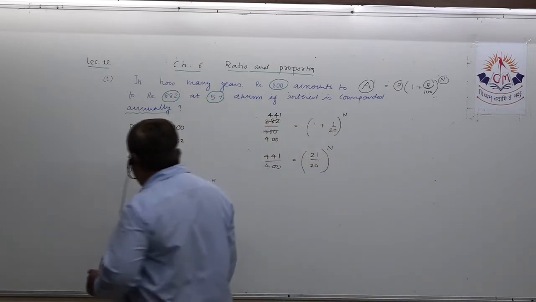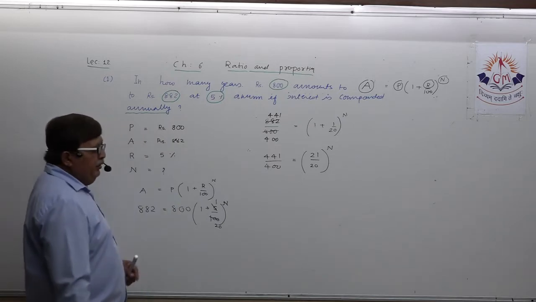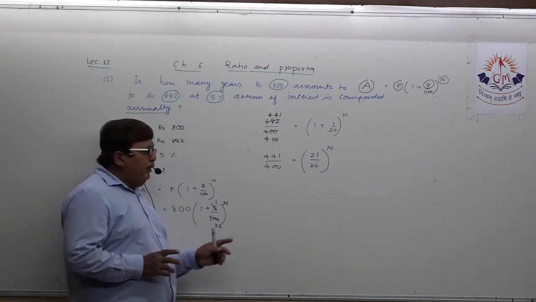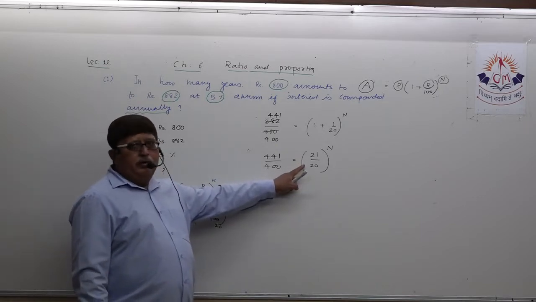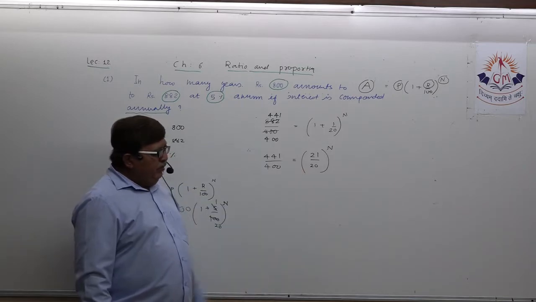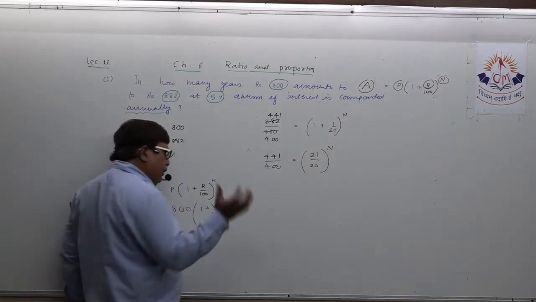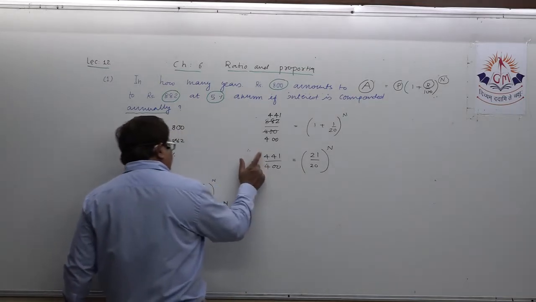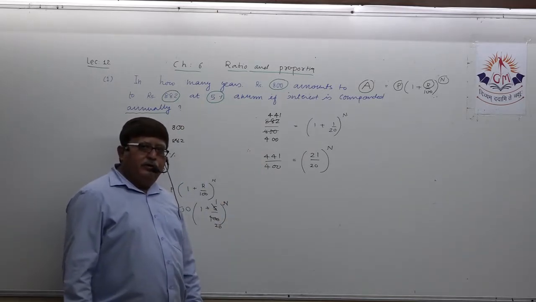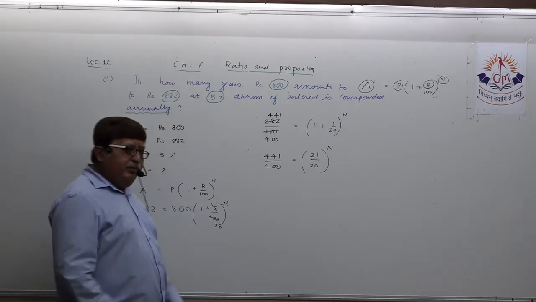This is going to happen permanently in this type of example. Both the numbers appearing in the numerator and denominator on the right hand side are related to the numbers present here in the numerator and denominator. This is compulsory and this is going to happen every time.